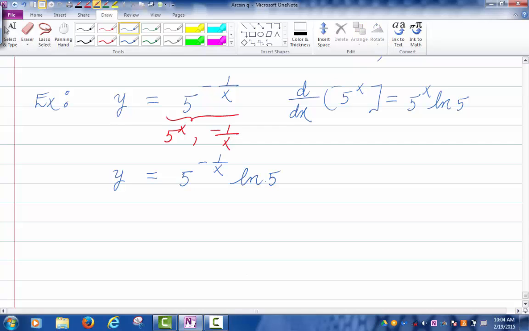So what did I do here? Well, I had to remember, first of all, the derivative formula for a to the x, and I had to use the chain rule. Is that clear? Now, I'm going to redo this problem a bit differently, okay? Is everybody with me? Are you guys done writing it down?